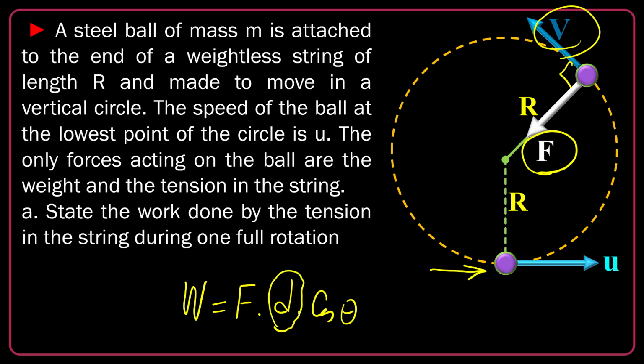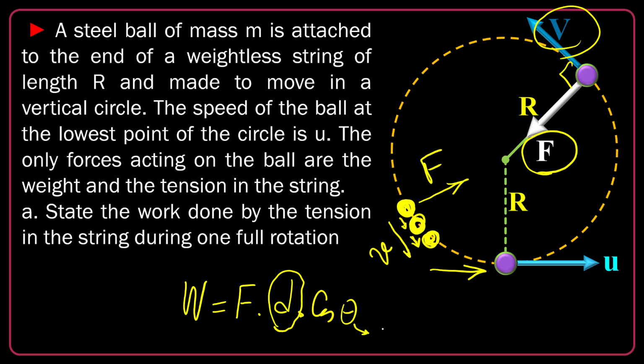Displacement, micro displacement, point by point, is along the velocity. So if we turn on a microscope on the path, point by point, when the object is moving on the circle, it has very small, almost straight line motions. In each small infinitesimal displacement, it's moving in the direction of its velocity, and the velocity is perpendicular to the tension force.